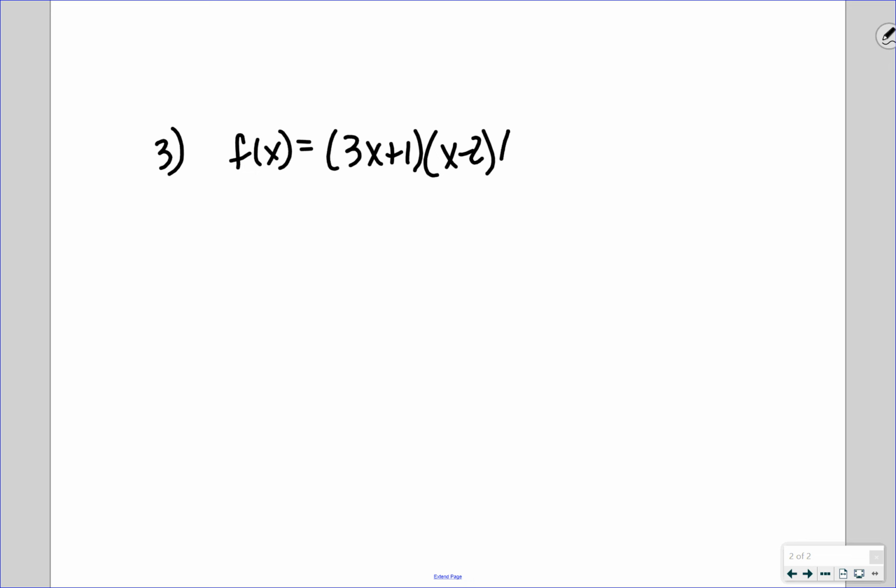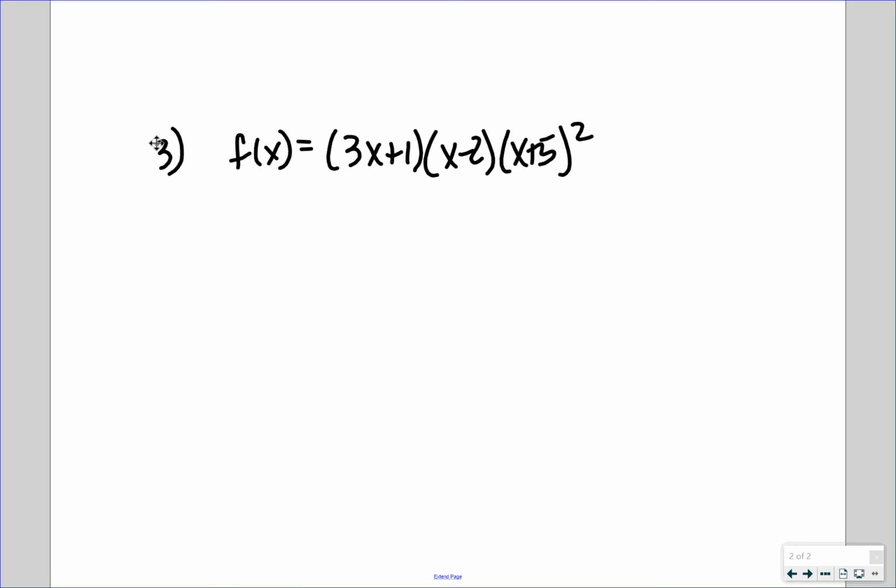3, 4, and 5 are end behavior and maximum number of terms. My end behavior has to do with the degree. So I have 3x plus 1, x minus 2, and x plus 5 squared. If I was to FOIL this out, which I'm not going to do completely because that's a waste of time, all I care about is the leading term.